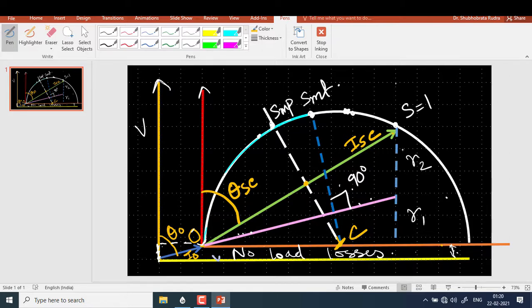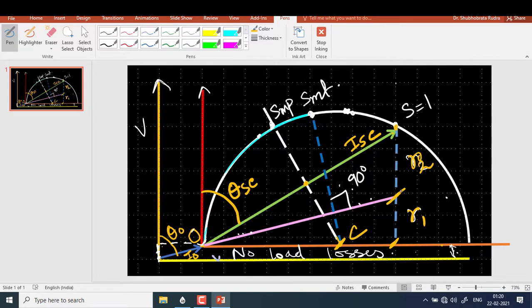Now once you draw it, from this point you draw a perpendicular on this line, and then you divide this perpendicular line in the ratio of R2 by R1. The bottom part should represent R1, the top part should represent R2.